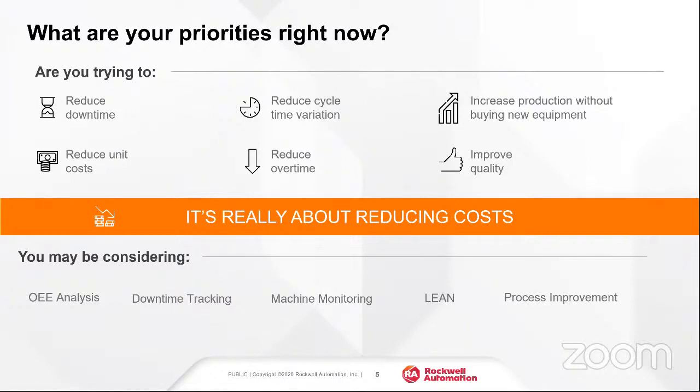That is the priority for overall equipment effectiveness. Are you trying to reduce downtime, reduce the unit cost, reduce cycle variations, reduce overall time? Then you are going to be considering OEE analysis, downtime tracking, machine monitoring, and other process improvements.